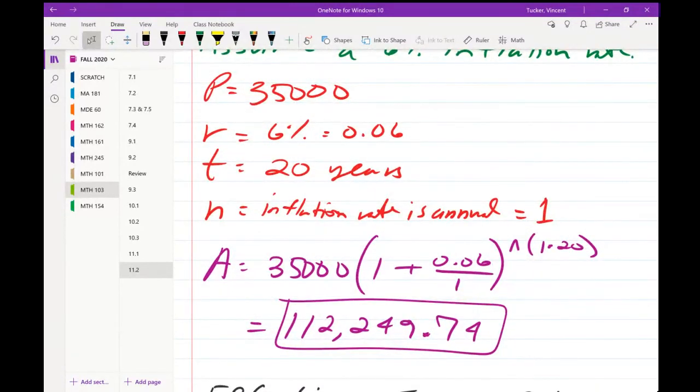So put it in your future value formula: 35,000 times 1 plus 0.06 over 1, raised to the 120. Questions? Any questions?